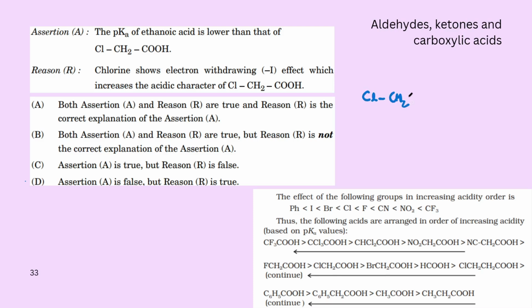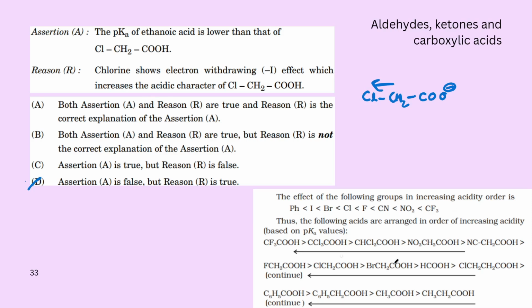So ClCH2COO minus is stabilized because this chlorine atom is pulling those electrons and in turn stabilizing this particular ion, right? So because of this, ClCH2COOH is a stronger acid than ethanoic acid, and because of this reason the assertion is false and the reason is true.